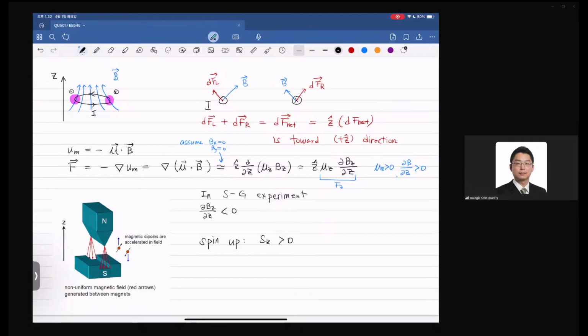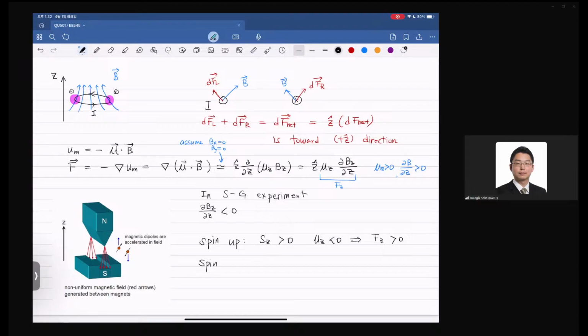S_Z is plus. Sorry, I just assumed S_Z is a plus, then it's an electron, so that magnetic dipole moment is minus, then F_Z is up, okay? So this is going up because it's pushing up.